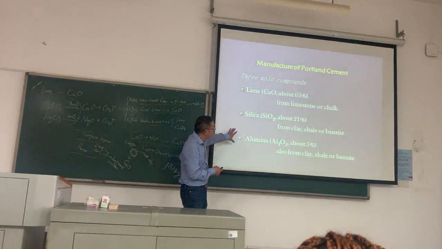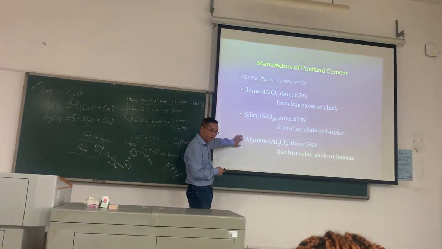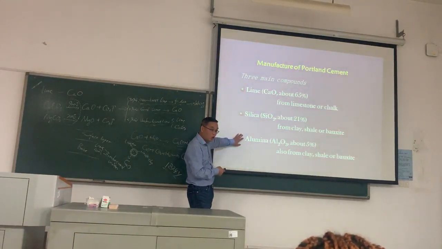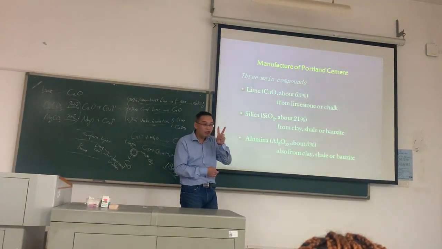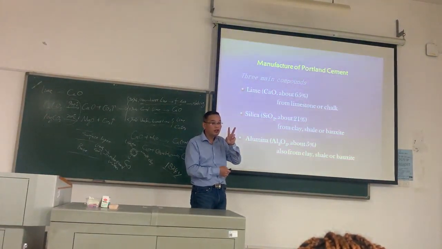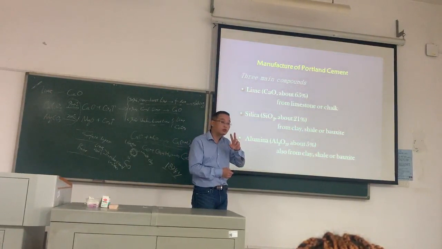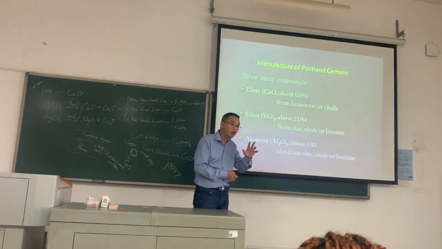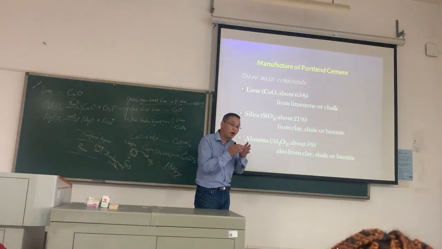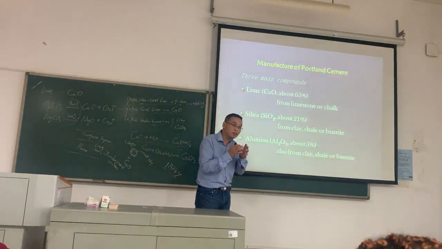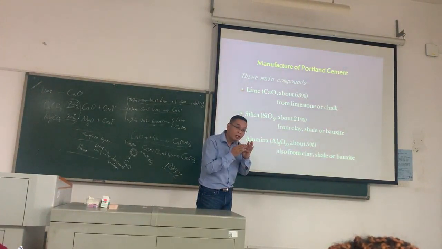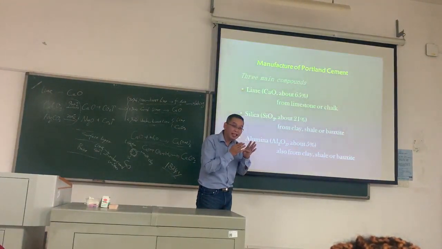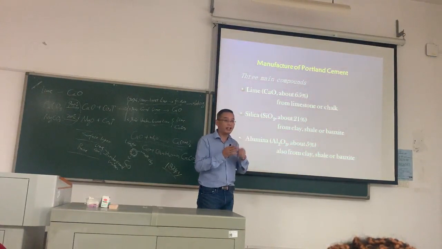So from here, we can conclude what? There are two kinds of raw materials we need to use for the production of cement. Lime and silica. The limestone and the silica. The silica comes from clay.